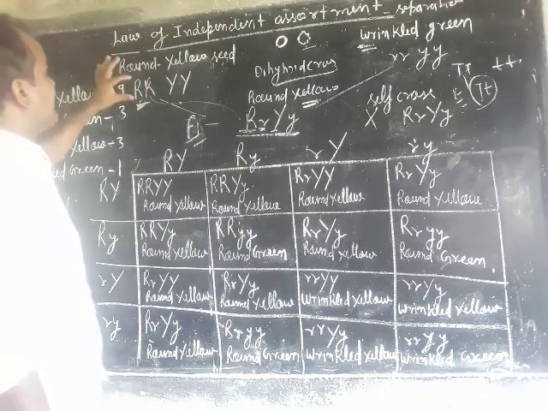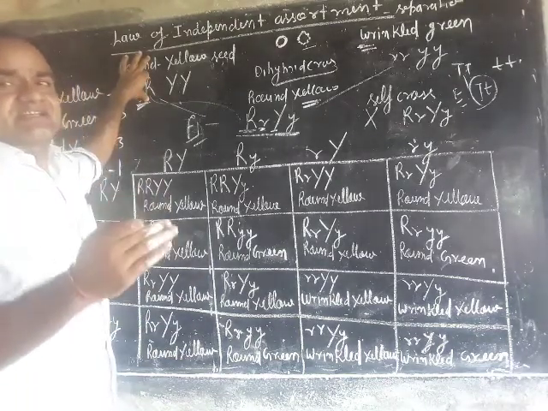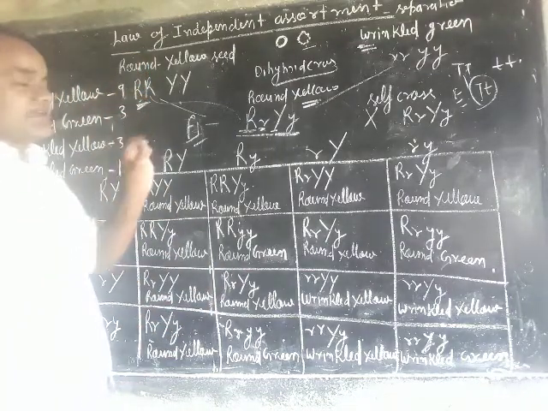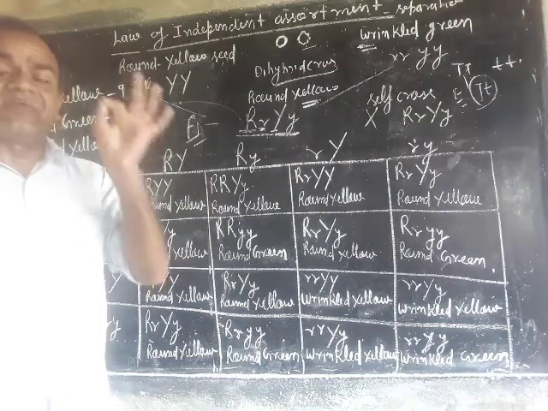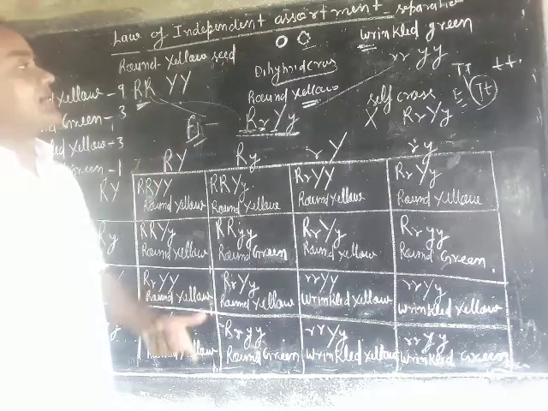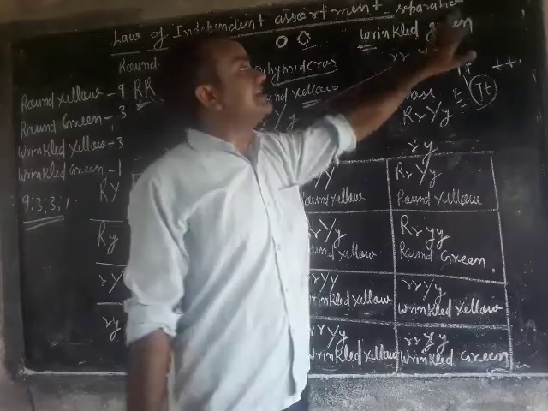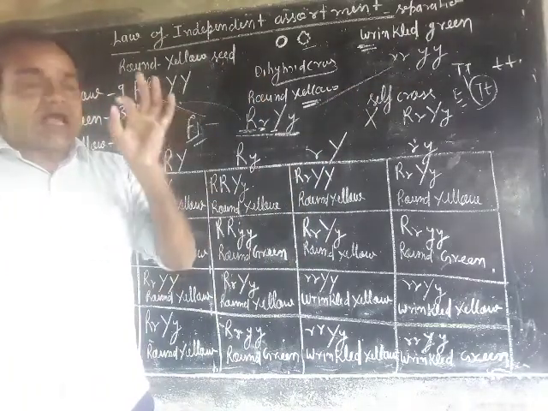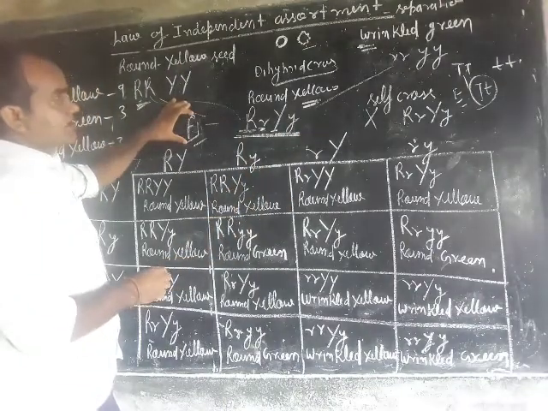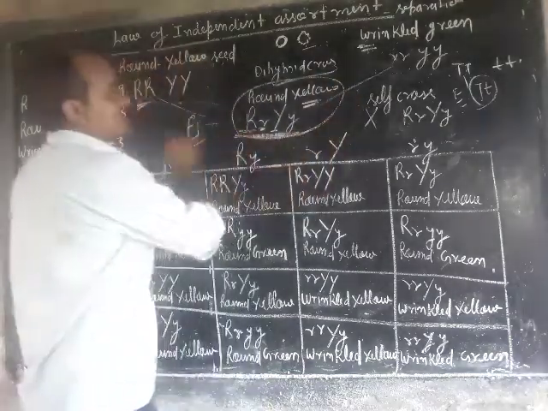Pure breed means having a similar allelic structure, similar genetic constitution or similar genotype. Mendel crossed pure breeding plants having round yellow seed with plants having wrinkled green seed, and found that the F1 generation produced only round yellow seed.